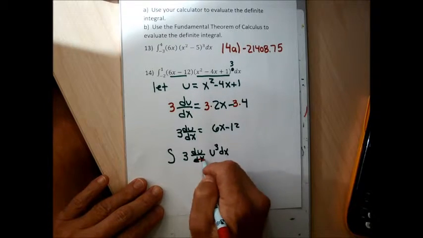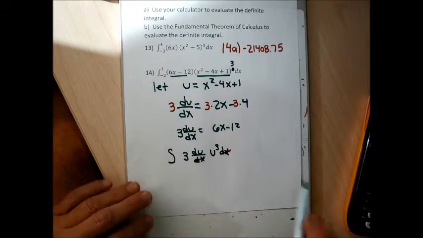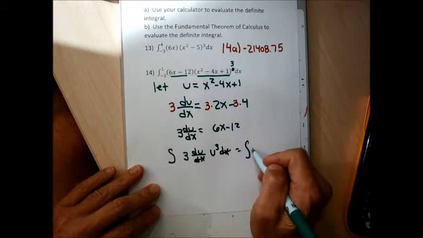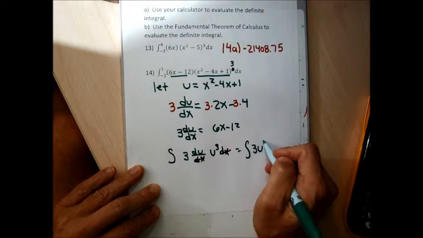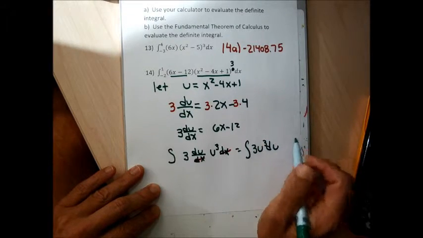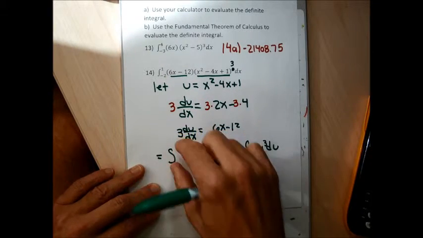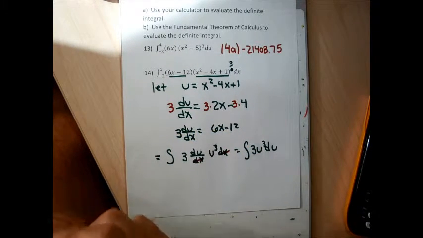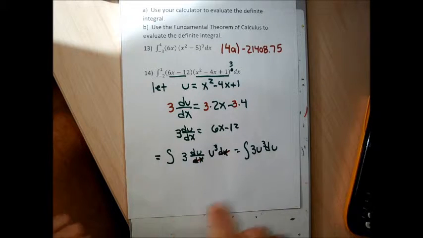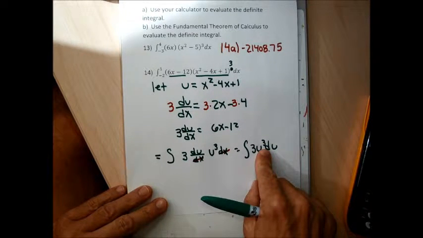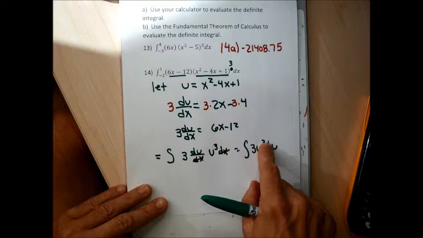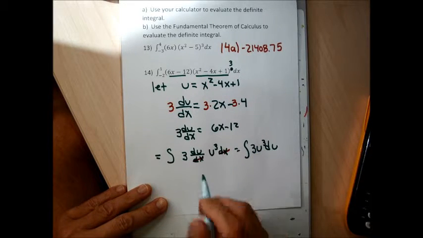I'm going to cancel the dx's, and that's going to give me the integral of 3u cubed du. Notice I stopped writing the negative 2 and 1 because those are appropriate for x's but not u's. Now I'm going to integrate this, and to integrate this I just add 1 to the exponent, divide by the new exponent.